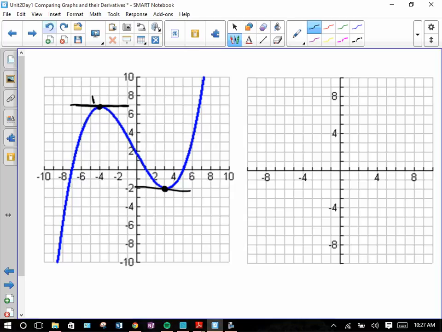So our slope is equal to 0. This is f(x). This is convex. So we know at x equals -4, our slope is equal to 0. Remember, our y-axis is equal to our slope.